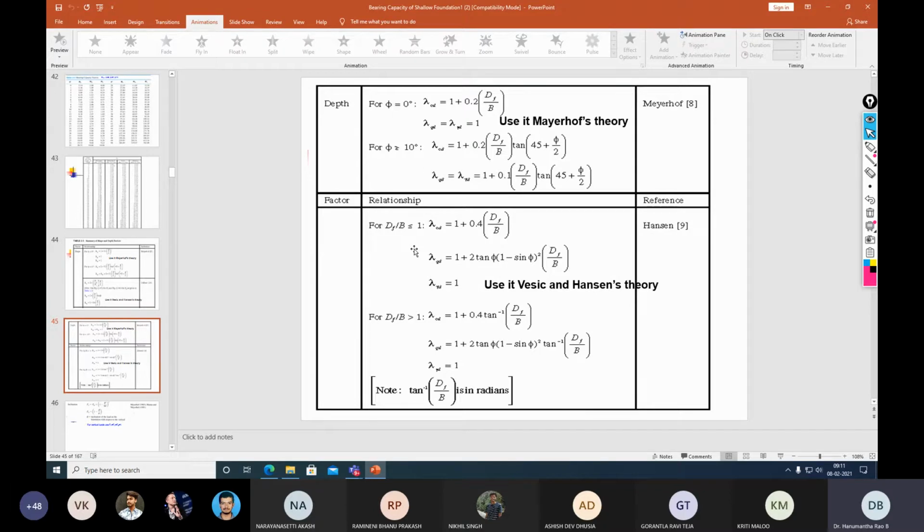As per Terzaghi, a foundation is called a shallow foundation if Df by B is equal to 1, which was later modified by Meyerhof, and now it can be called a shallow foundation up to Df by B equal to 4. If it is above 4, then it can be treated as a deep foundation.